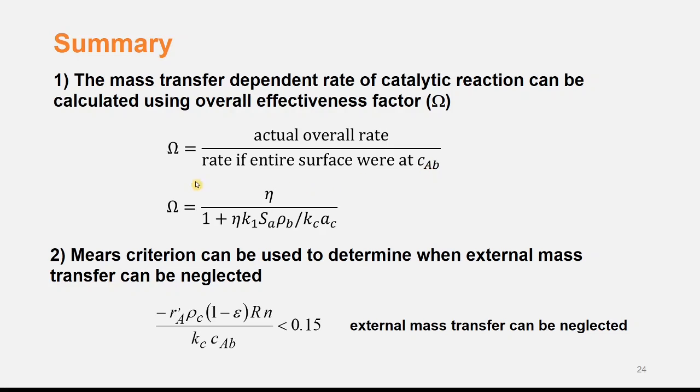We derived an expression for the overall effectiveness factor in terms of the effectiveness factor, eta, the intrinsic rate constant, K1, the specific surface area of catalyst, SA, the bed density, rho B, and the external mass transfer properties, Kc and Ac. We also looked at the Mears criterion, which can be used to determine whether or not external mass transfer resistance can be neglected.